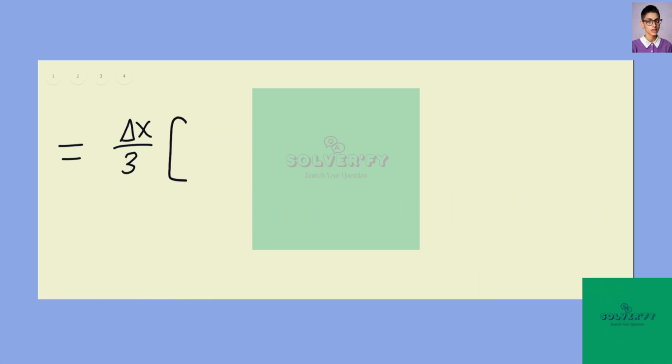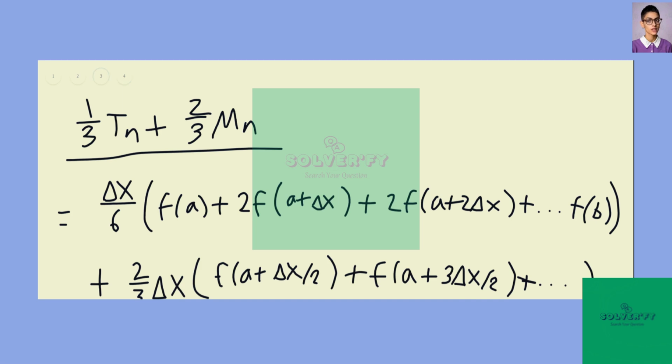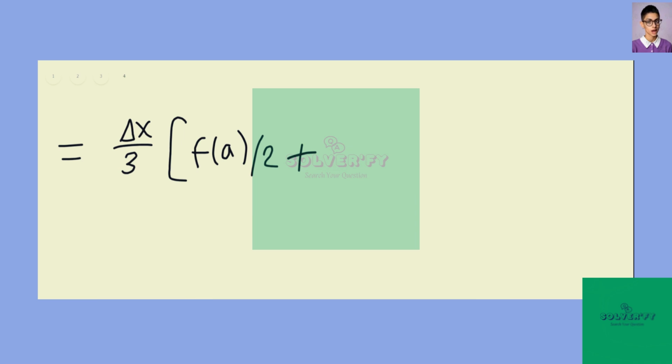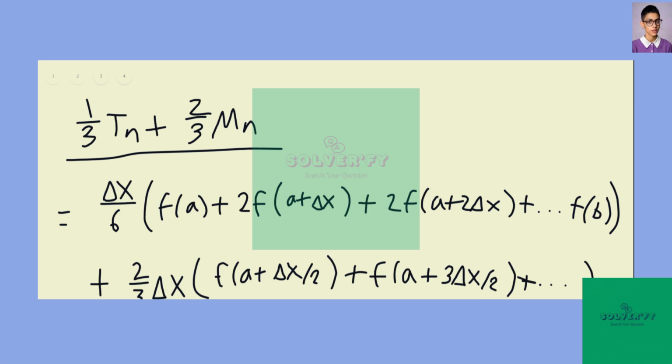And now we get f of a over 2 plus f of a plus delta x, all the way up to f of b over 2, plus our midpoint terms, which get a factor of 2.